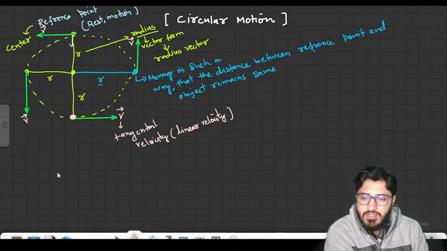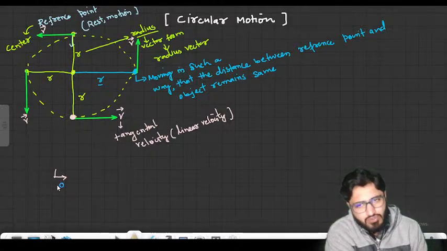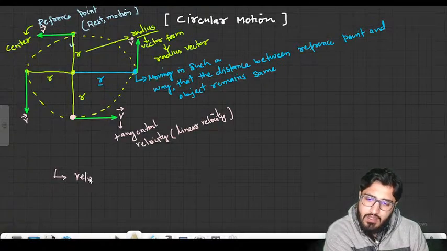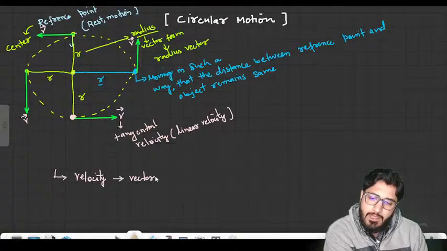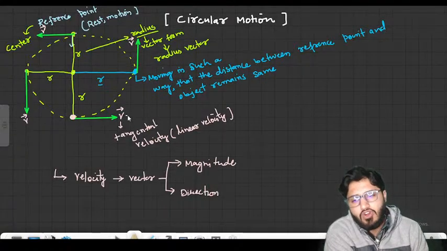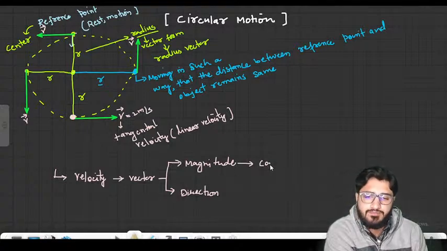One more thing: if somebody asks you whether circular motion is accelerated or non-accelerated motion, look, velocity is a vector quantity. That means there are two ways to change a vector: one is to change its magnitude, the second is to change its direction.